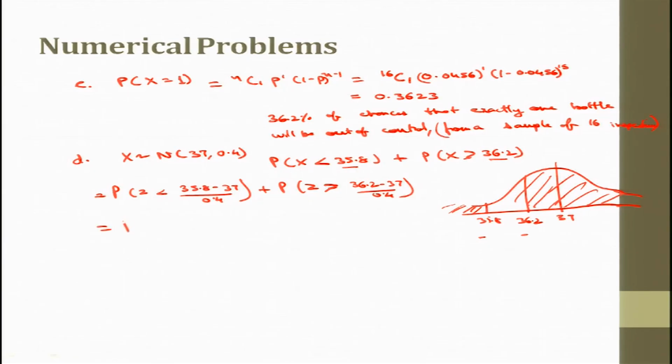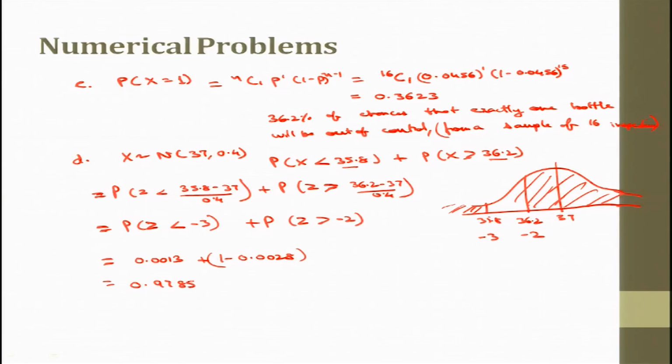If I calculate, this is the probability of z less than minus 3 plus the probability of z greater than minus 2. Tracing these on the normal distribution table, this probability is 0.0013 and this probability is 1 minus 0.0028. The total probability is 0.9785.